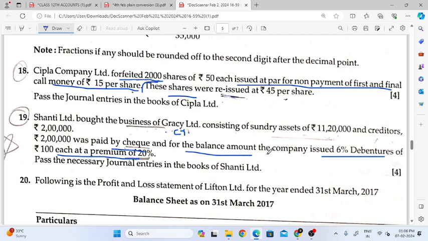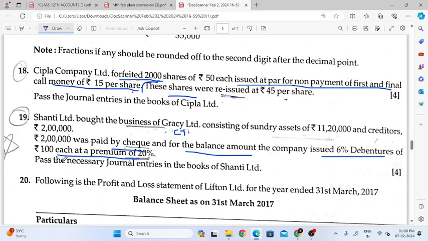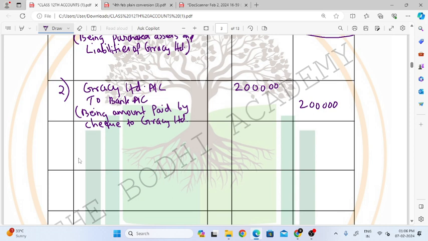And for the balance amount the company issued 6% debentures of rupees 100 each at a premium of 20%. So whenever the entry of premium is there, you have to take Gracie Limited account, then to 6% debenture account, to securities premium.